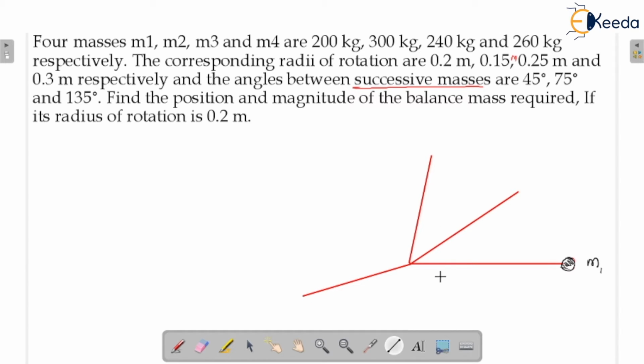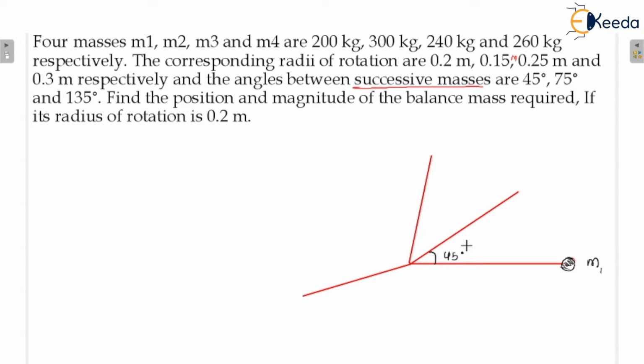Why I'm saying that you need to understand this: basically, it is a 45 degree angle, and it is 75 degree. The 75 degree is not measured from this reference because the angle is between successive masses. So 75 degree is between M2 and M3.